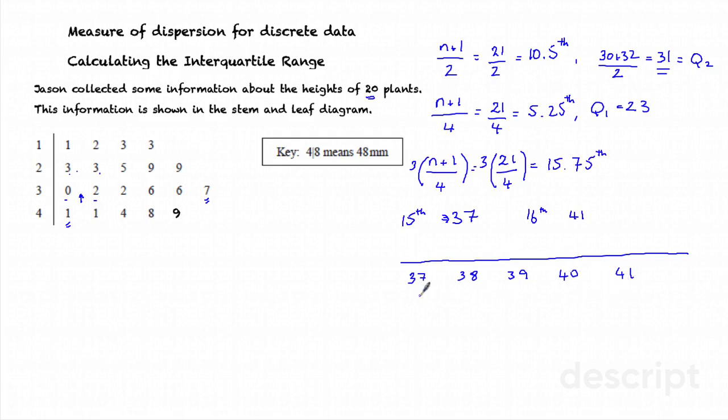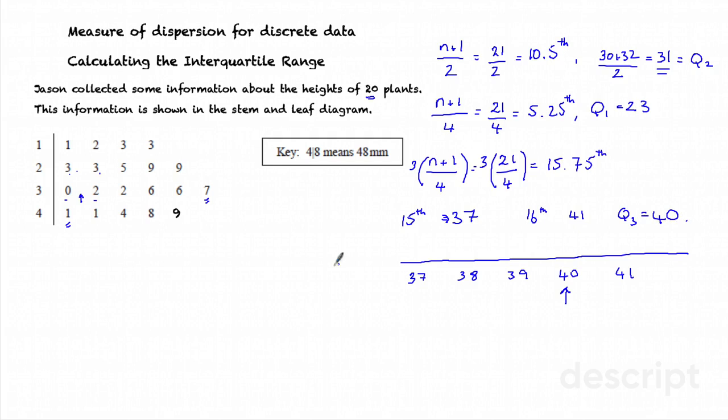Now I'm quite fortunate again because I've actually got quarters here. Each of those steps, there's 1, 2, 3, 4 steps. So each of those steps is a quarter. So 3/4 of the way along would be here. So my Q3 is 40.